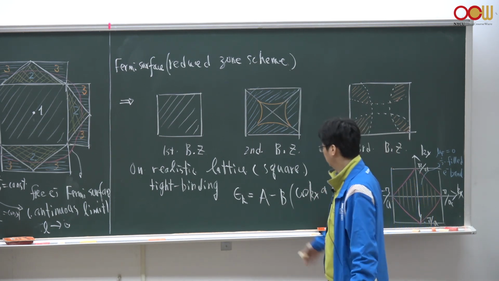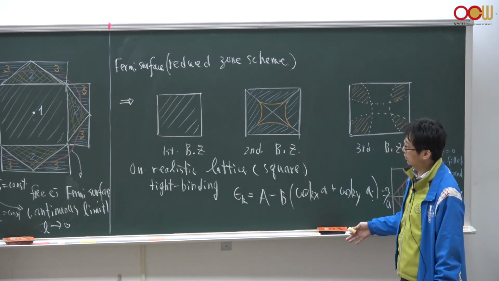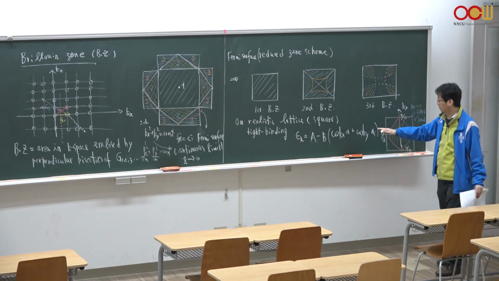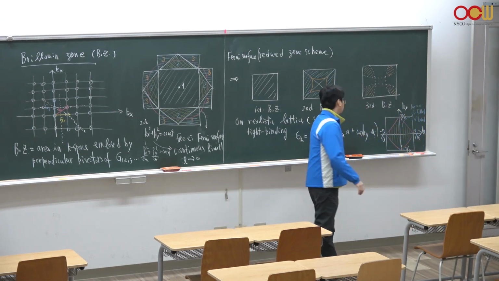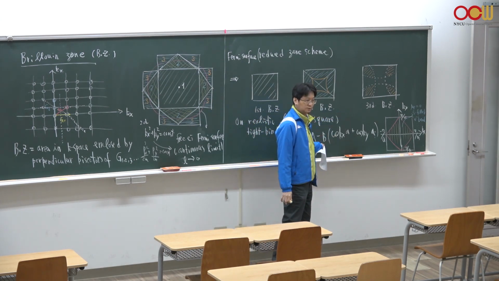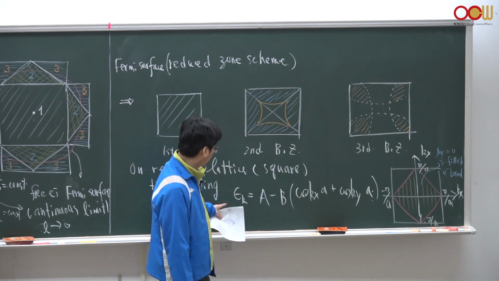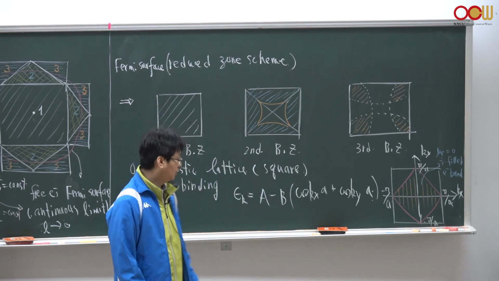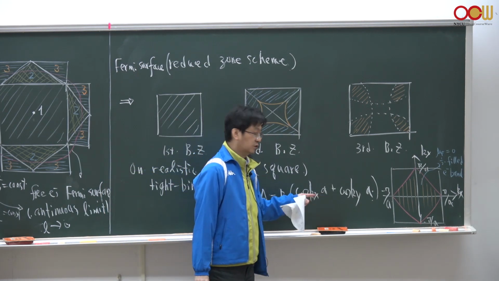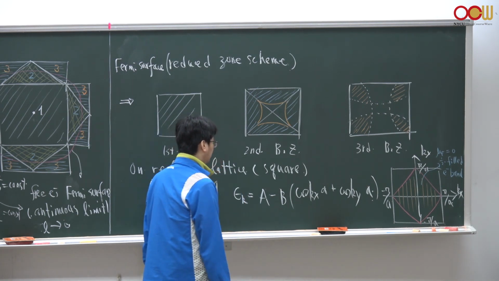But on a realistic lattice, for example the square lattice, the geometry of the Fermi surface is not a circle but a diamond shape. For example, for tight binding electrons on the square lattice, you could check Ashcroft-Mermin for details of the tight binding model of metals, and you could obtain this dispersion of the electron excitations, which constitutes the sum of the cosines along the x and y directions in 2D.